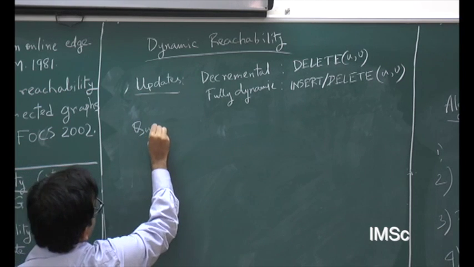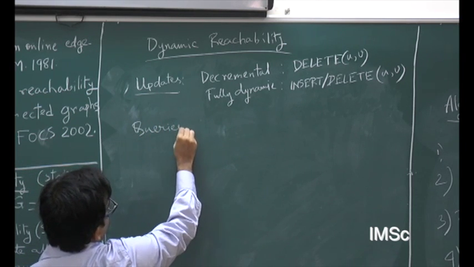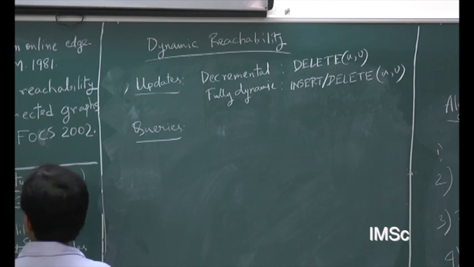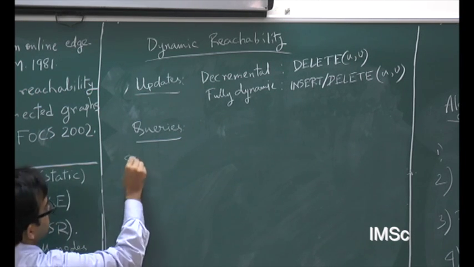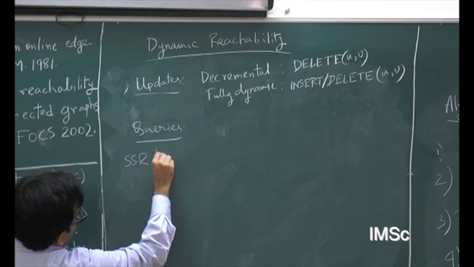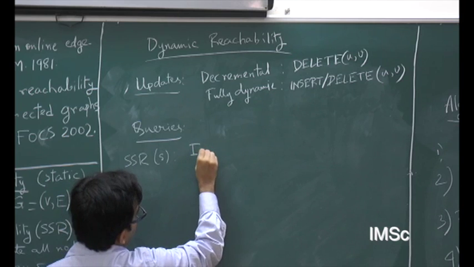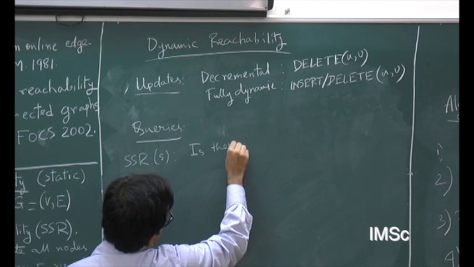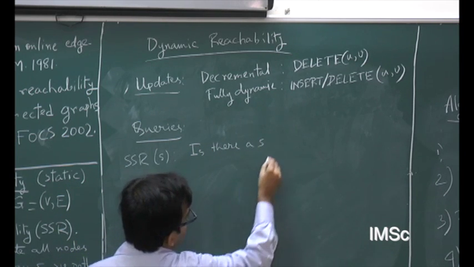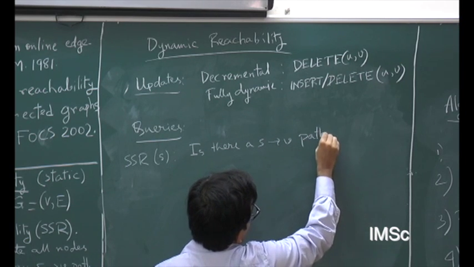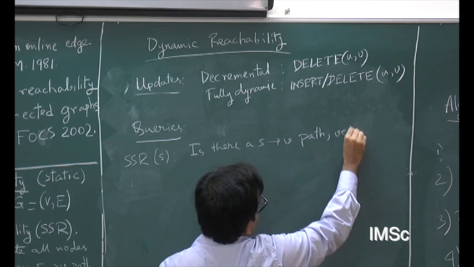What are the queries? It depends on the problem, right? For single source reachability with source node S, the query will be: is there an S to V path, where V is some other node.